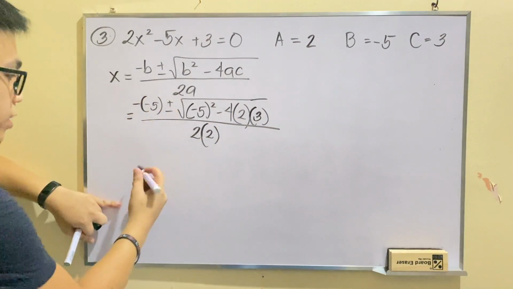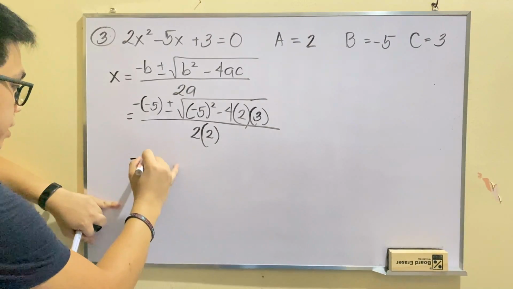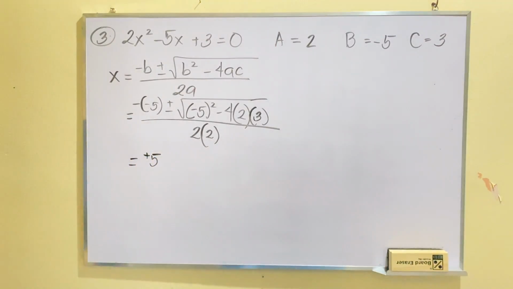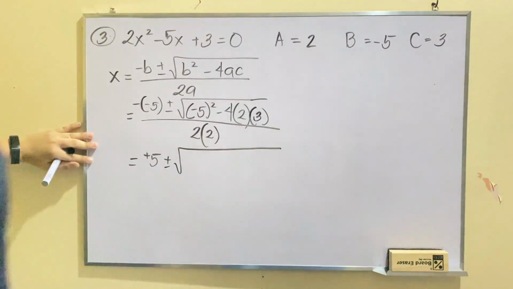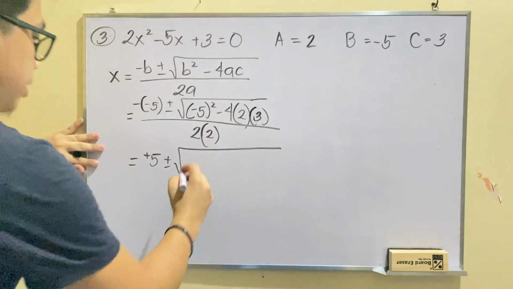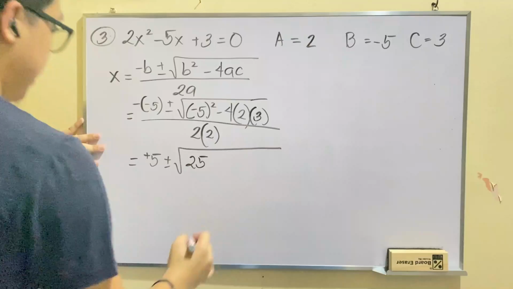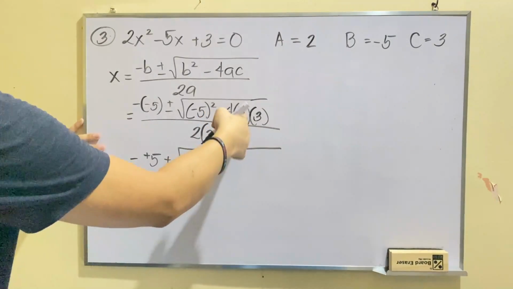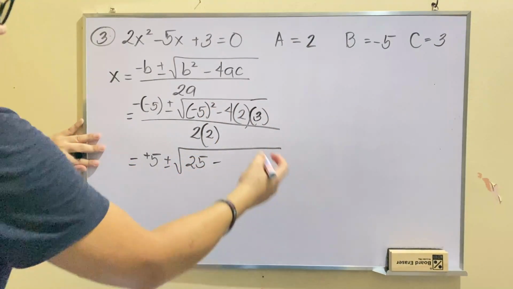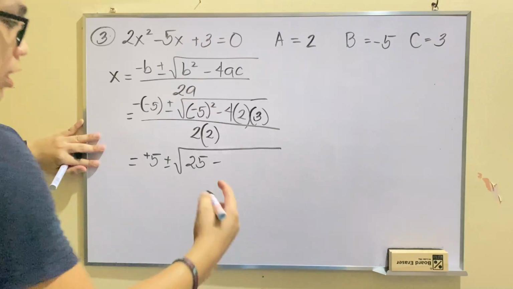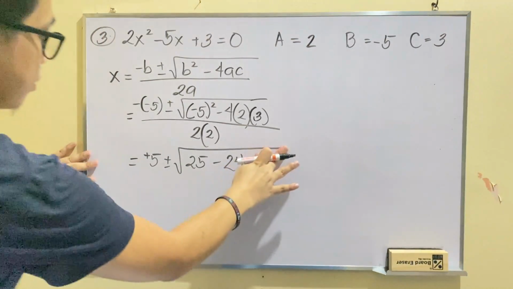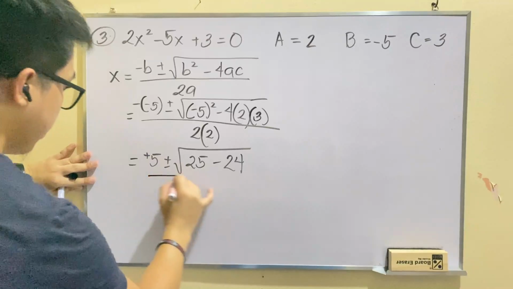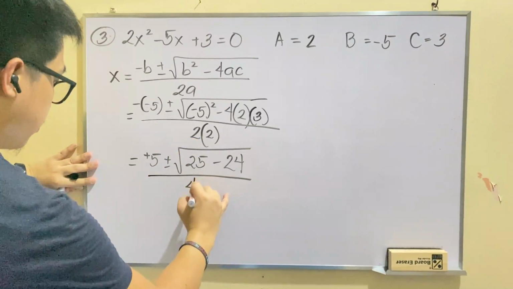Okay, so negative times negative is positive 5 plus or minus square root of negative 5 squared. It is 25 minus 4 times 2 is 8 times 3. So, napakasimple, 24. Divided by 2 times 2, which is 4.